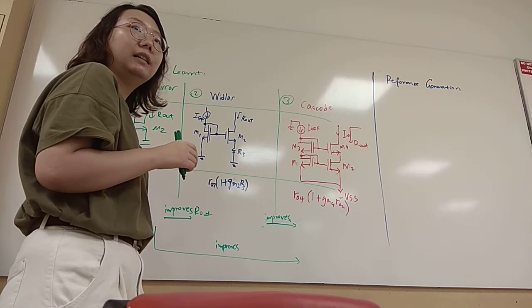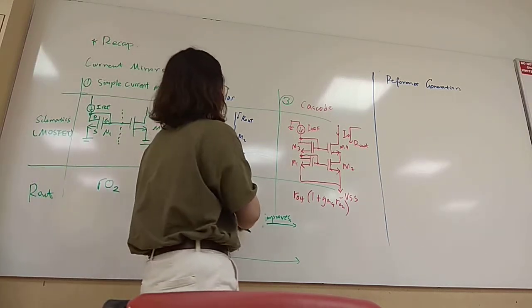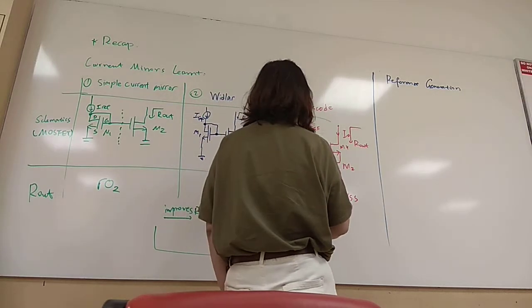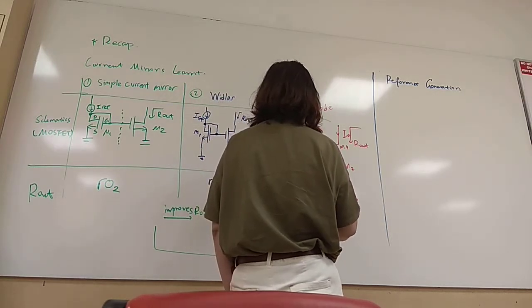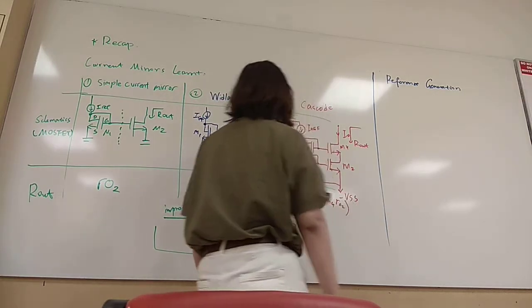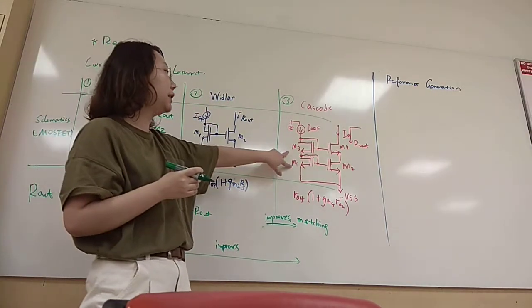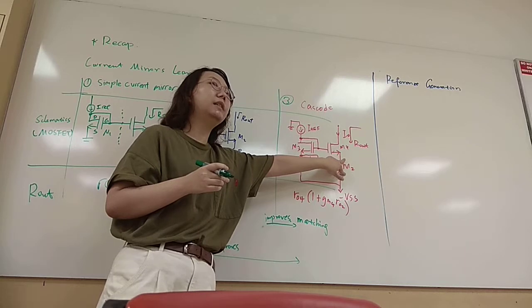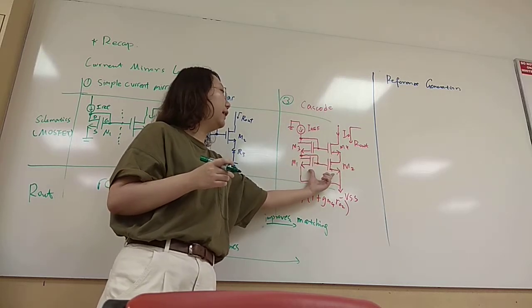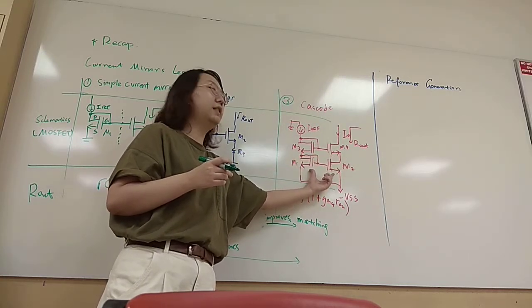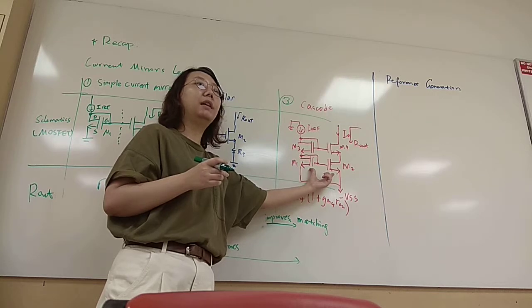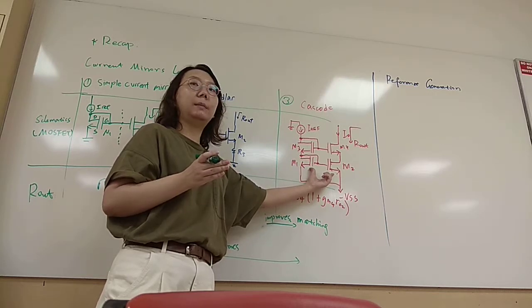So from a Widlar to Cascode is improve matching. Because VDS1 equals to VDS2, right? So this pair of transistors are actually a perfect current mirror. Because everything for them are the same. So they are perfectly matched.